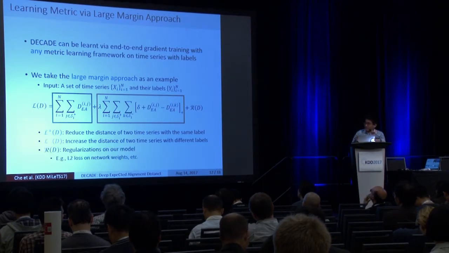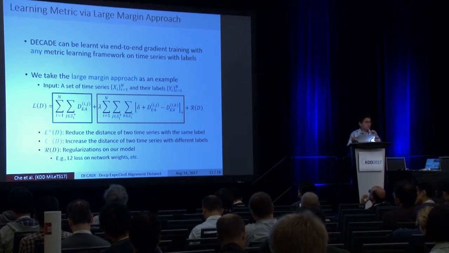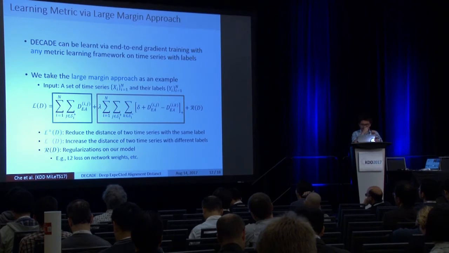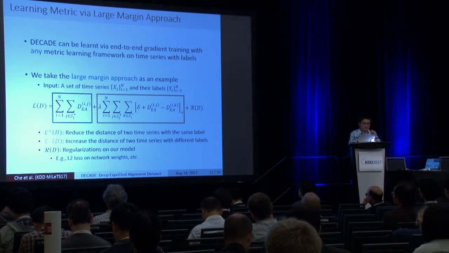And also we can incorporate any regularizations of our model into the loss function as well, for example, the L2 loss or other weight regularization on the neural network. And finally, we can use gradient training to train this.